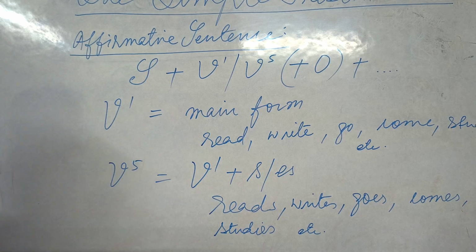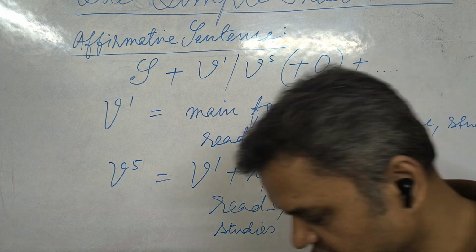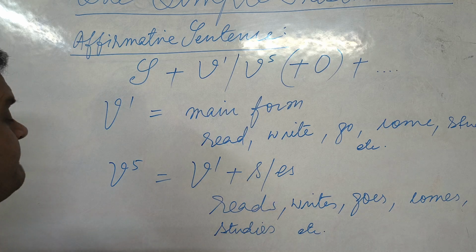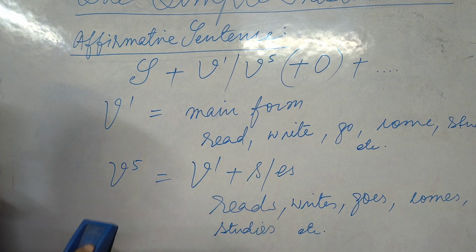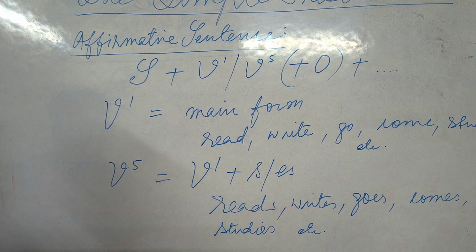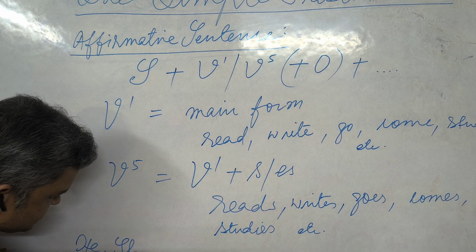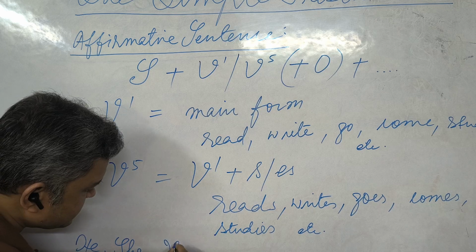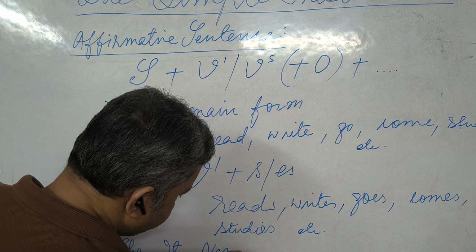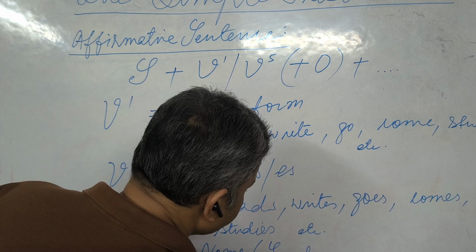So, most of you might already know this concept. Now, what I have found during my long years of teaching is that, mostly while speaking, people forget to use V5 when the subject is either he, she, it, or any name in the singular.